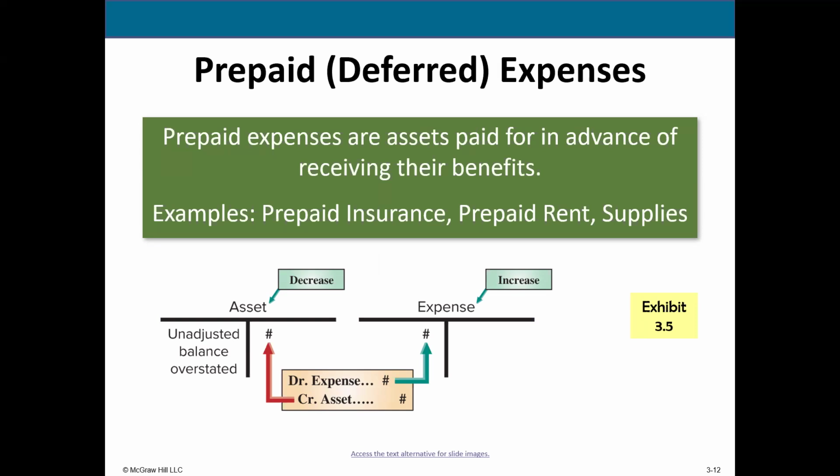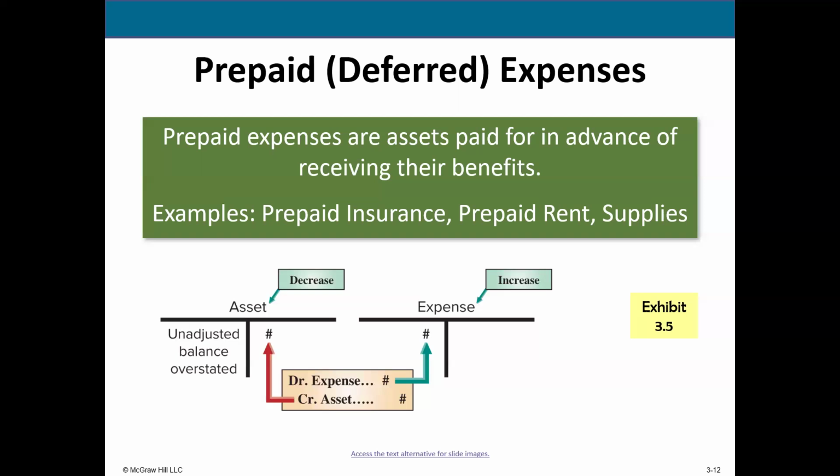Another example would be a security deposit. Let's say you're renting a facility. Part of that rental agreement is that you have to have a security deposit. We recognize that as a prepayment. And then it usually gets used for the last month of rent for that lease agreement. So that's another classic example.